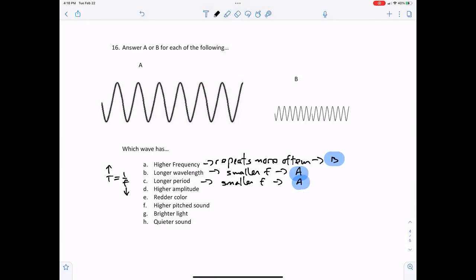Okay, higher amplitude. Well, we're looking for the taller wave. That would be wave A. Redder color. Redder color means smaller frequency. Smaller frequency corresponds to A. Higher pitch goes with the greater frequency.